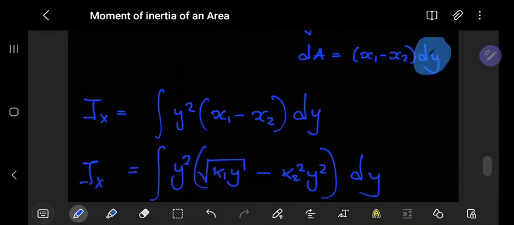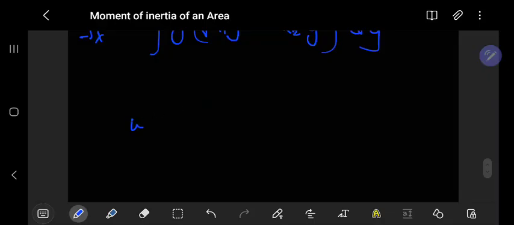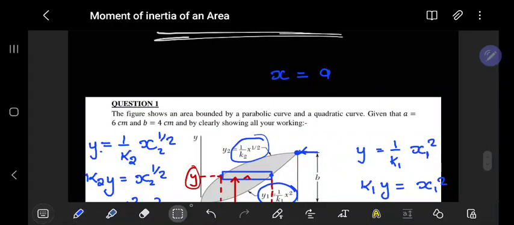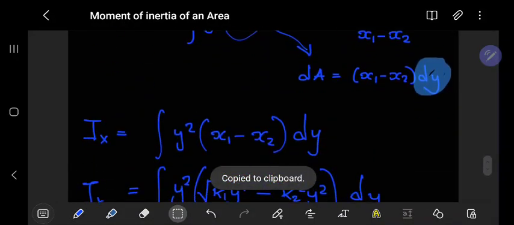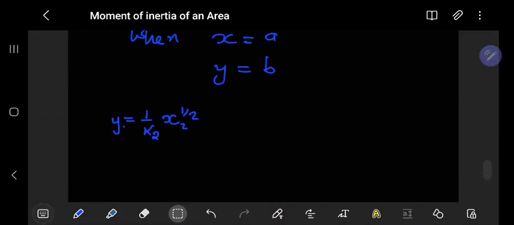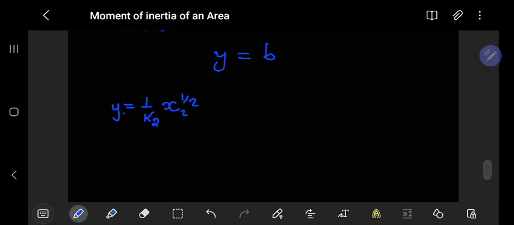So what happens? See, at that point, when x is equal to a and y is equal to b, what happens? Let's pick the first equation that gives us y2. From the equation of y2, what we see is that k1 and k2 are constants.